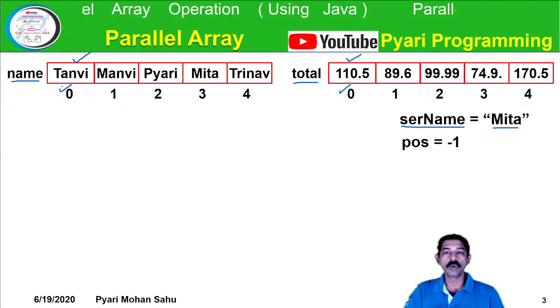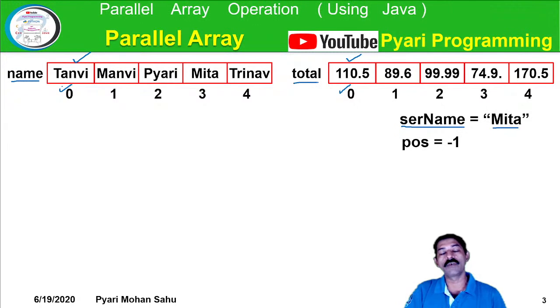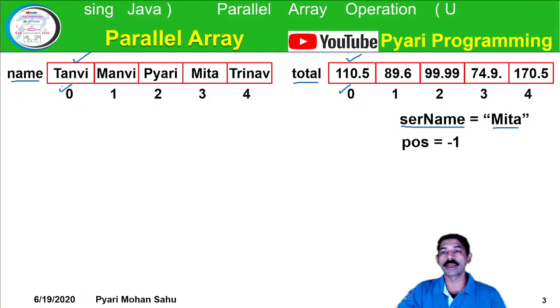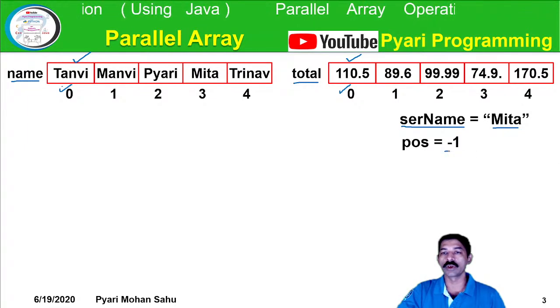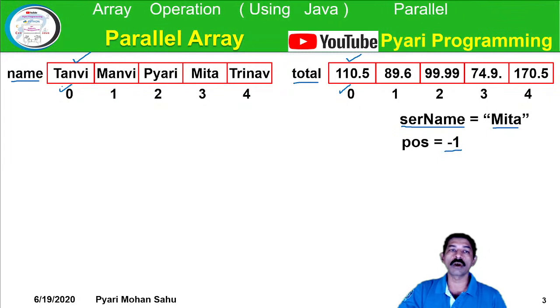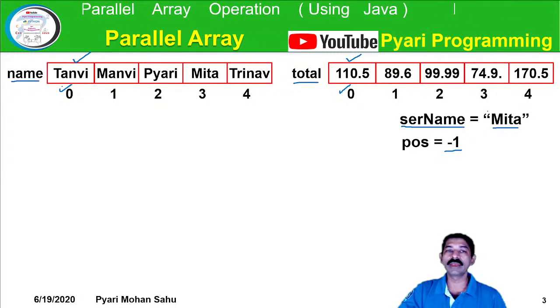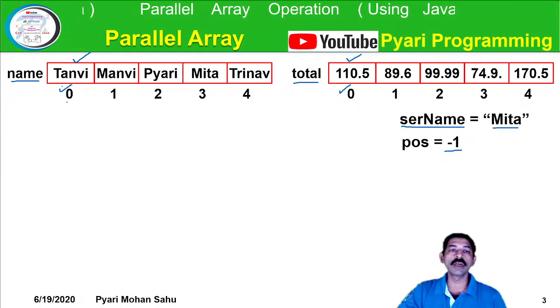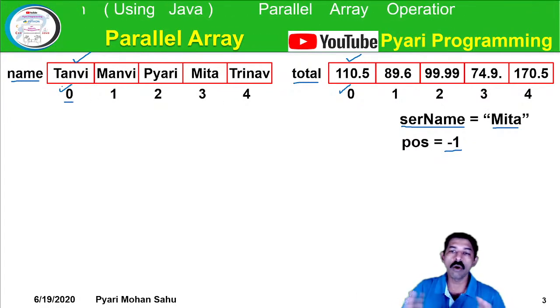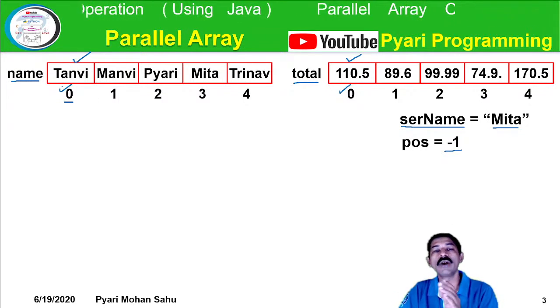So suppose I need to store the position. Why am I taking -1? You can take any negative number over here, because if the user is searching for Tanvi rather than Mita, then Tanvi is found at the 0th index position, which is a valid index. 1, 2, 3, 4, all the positive indexes are valid indexes.